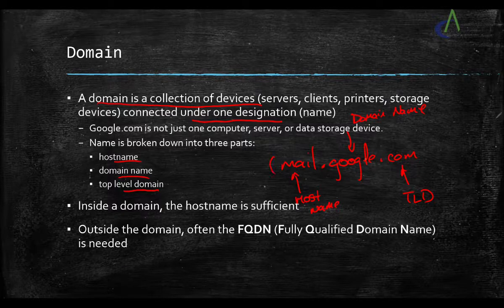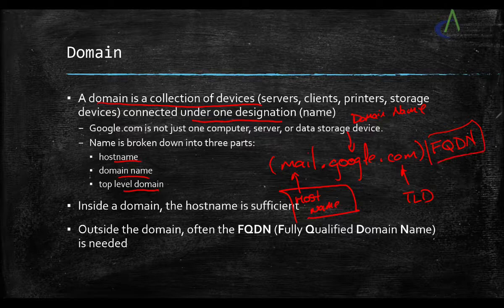All together, that whole thing is called a fully qualified domain name, FQDN, right? So when you're inside the domain, I can get to it just by telling it the host name. When I'm outside the domain, I have to use the fully qualified domain name, right? Domains organize the access more specifically. That's their role.